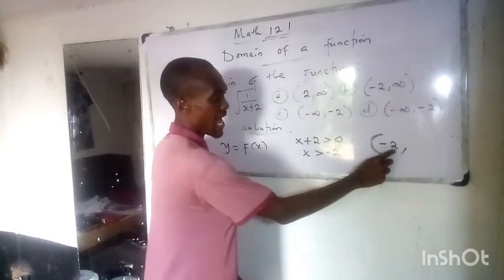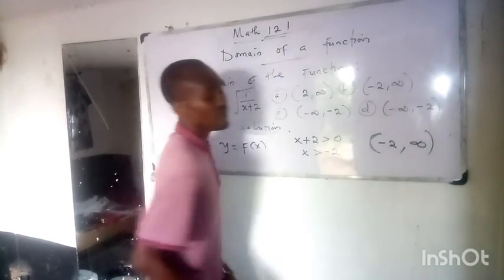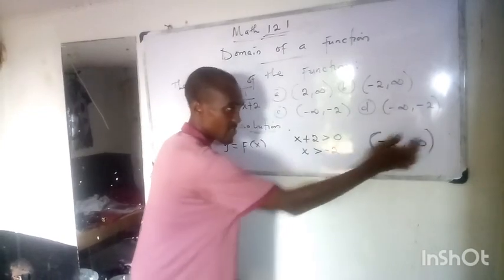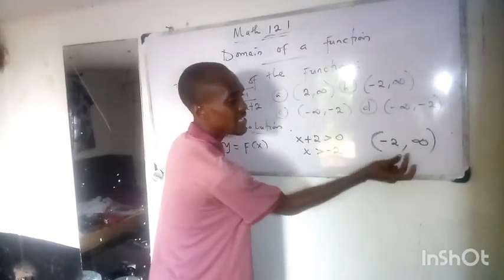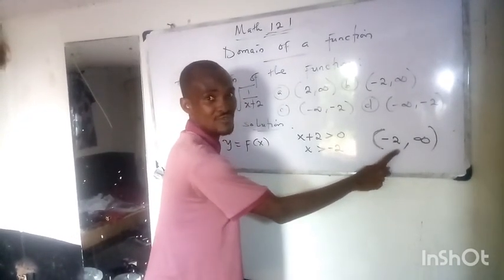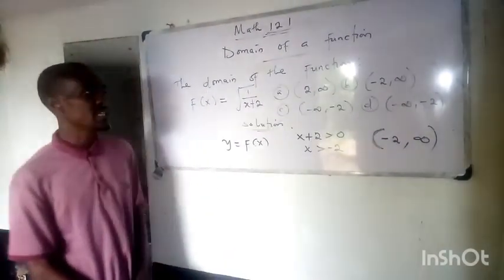So I have here minus 2, and then I can have here my infinity. So this simply means, because of the bracket notation I'm using, that the domain is all numbers that are greater than minus 2 and run to infinity.